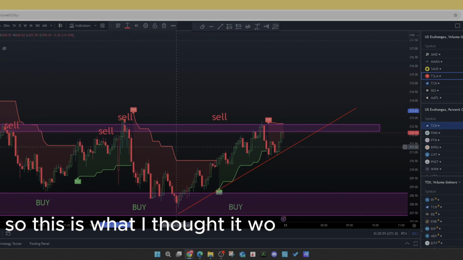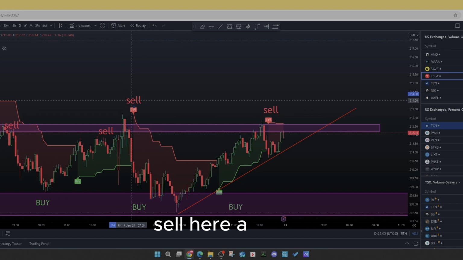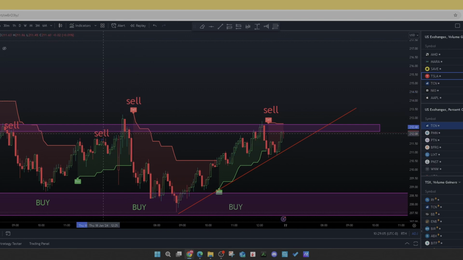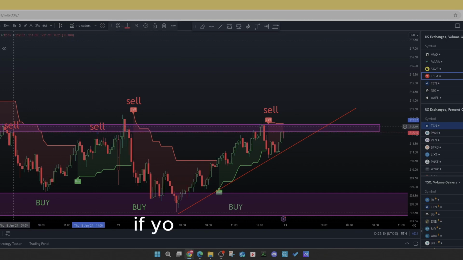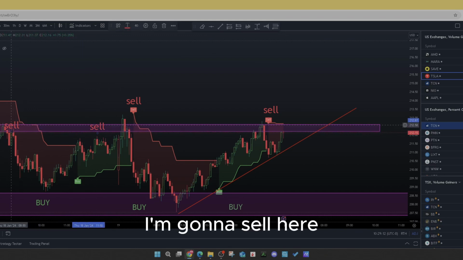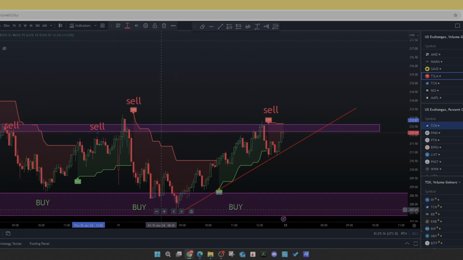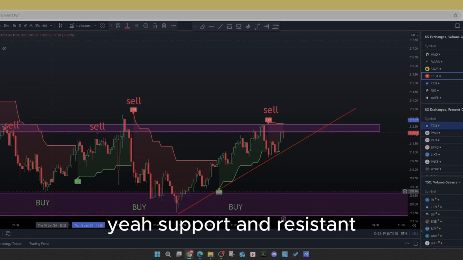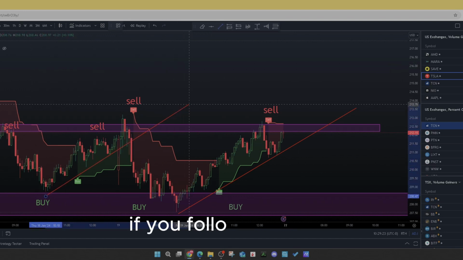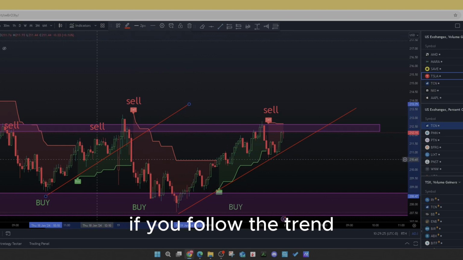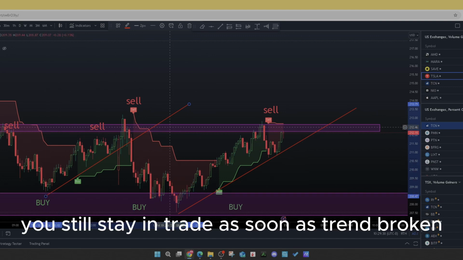So this is what I thought it would be nice to share. Sell here and this. Of course, you could get other stuff by yourself if you just felt like, oh, I'm going to sell here. You sold it here, you bought here based on the support and resistance. So you would still be correct if you follow the trend. Remember, if the trend is going, you still stay in the trade.